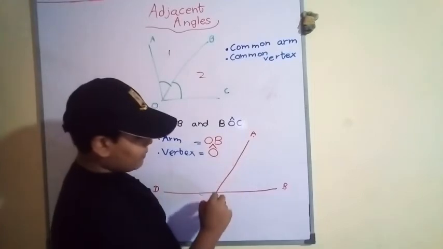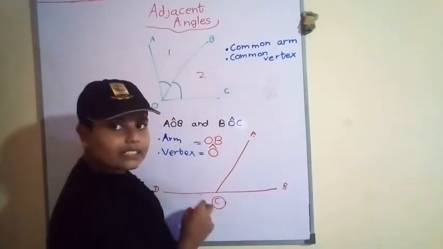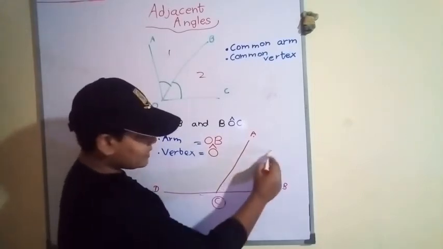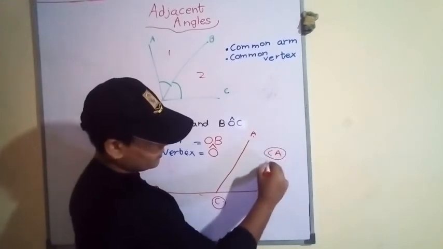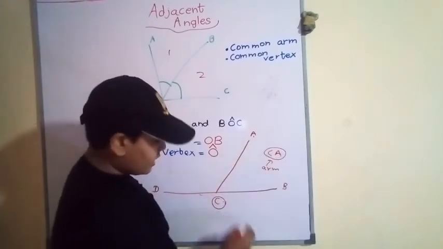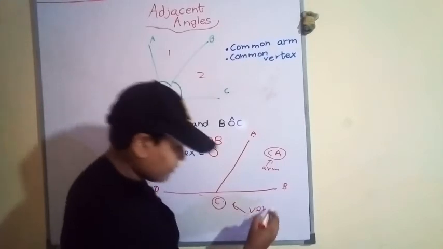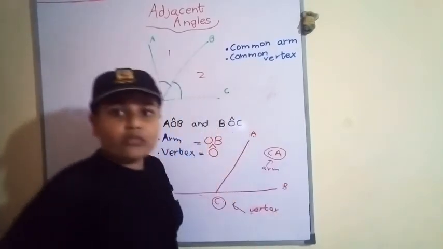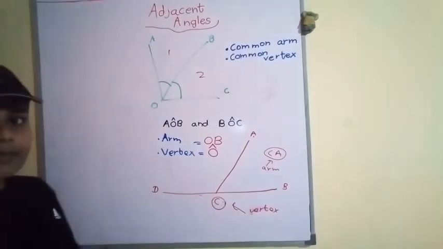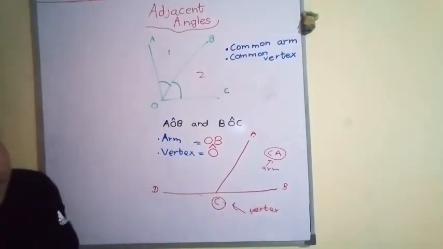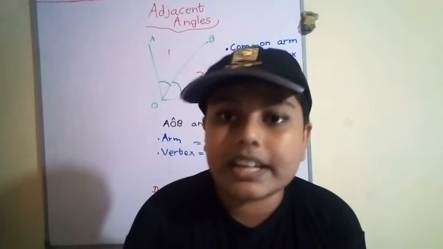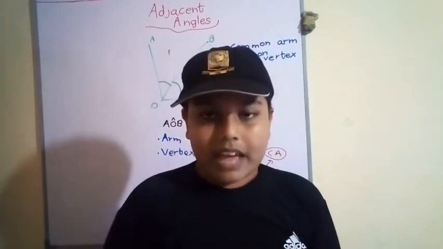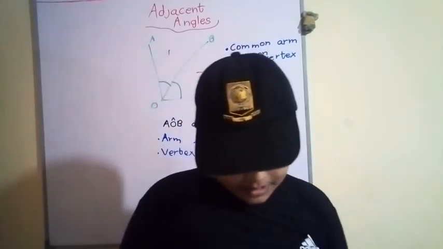Now the common arm you can name as CA. That is the adjacent angles. The vertex of both angles is O, right?